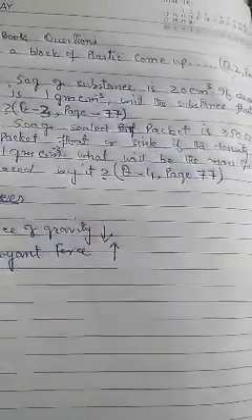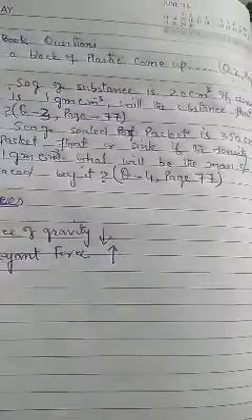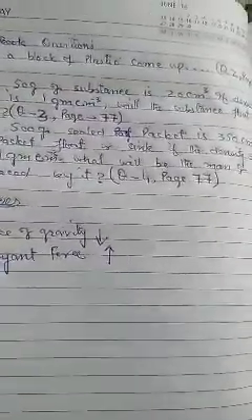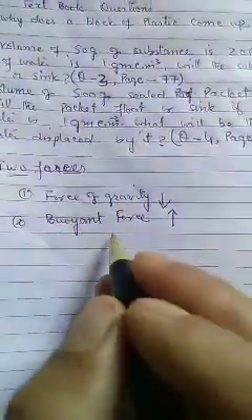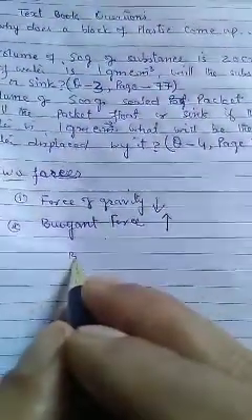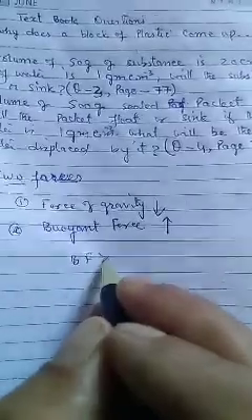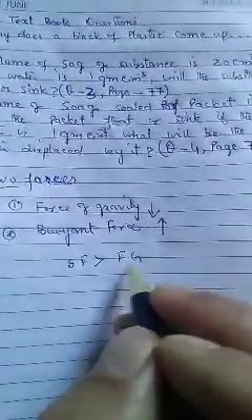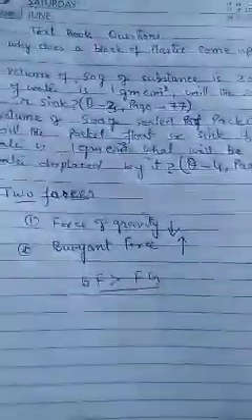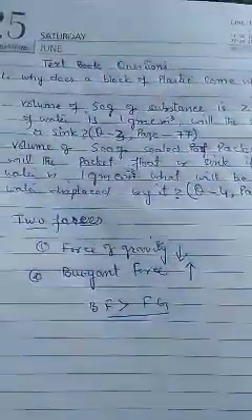So it floats on the surface of water. This is because the buoyant force acting on the object is greater than the force of gravity. That is why it floats on the water.